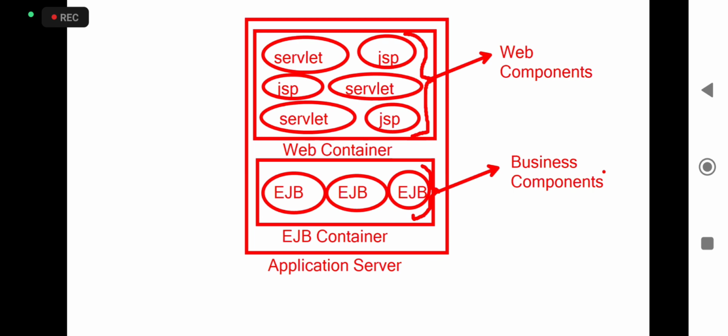Application server contains two containers, web container and EJB container. Web container contains web components, EJB container contains business components. These are for enterprise application purpose. Enterprise application is nothing but business application, fully commercial, money related application.